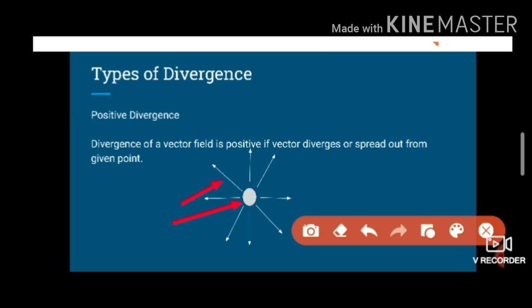These are the vectors. This red arrow shows that the white arrows are the vectors, and the direction of those vectors is outward from that point, means divergence is positive. So simply, divergence of a vector field is positive if the vector diverges or spreads out from a given point. This is known as positive divergence.